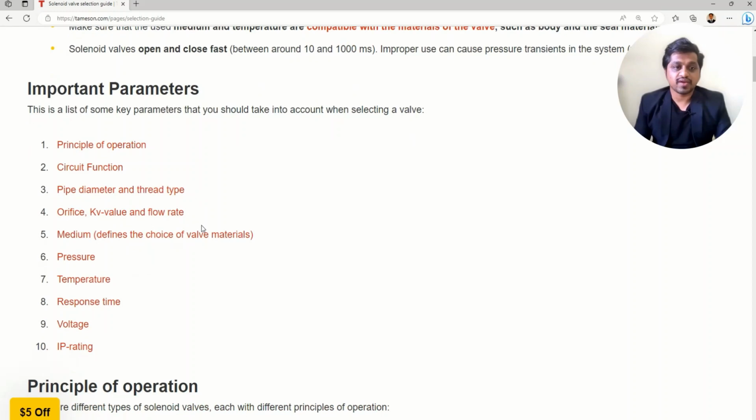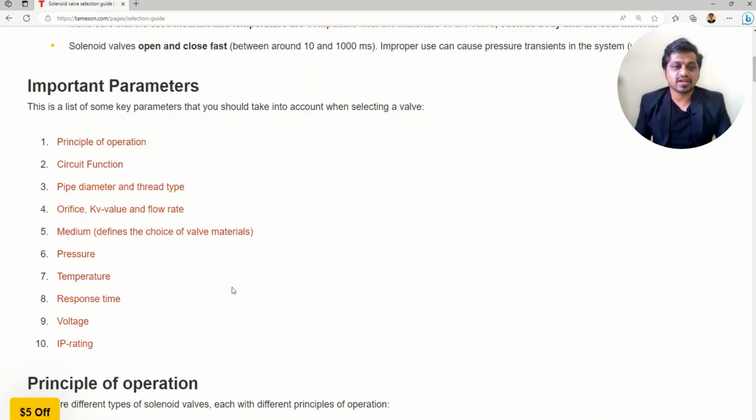We have covered the first 5 parameters in our first session. You can check out that video also. I will drop a link into the comment section, and today we will cover the next 5 parameters in brief. For a detailed explanation of these parameters, do check out the previous sessions. So let's check out the pressure.